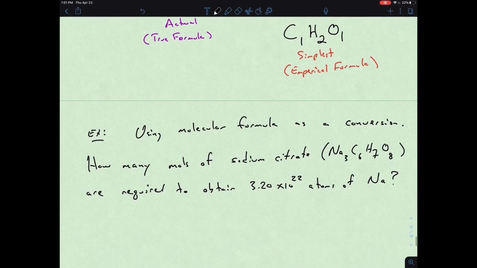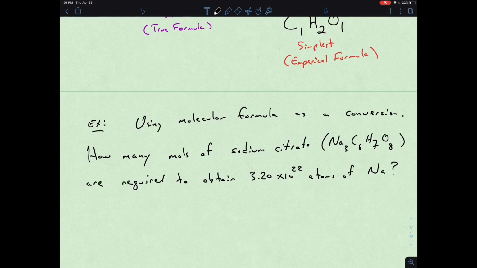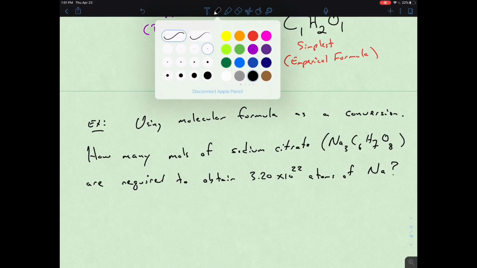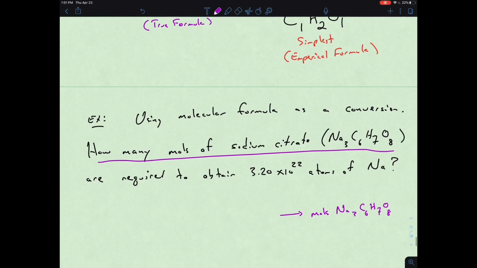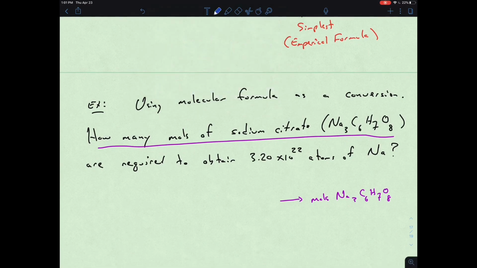So I often tend to look at where I'm going to go, meaning where do I want to end up? And I'm looking for this particular molecule, and specifically moles of this particular molecule. So I got to get to that point from somewhere. And the starting point must be the other value that's being given to me here, the 3.20 times 10 to the 22nd atoms of sodium.